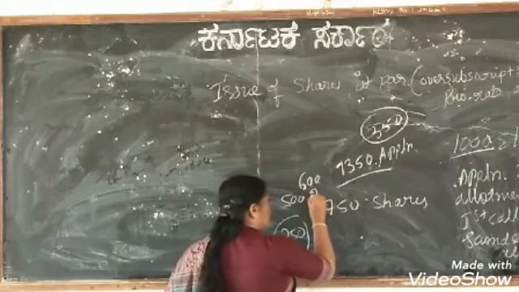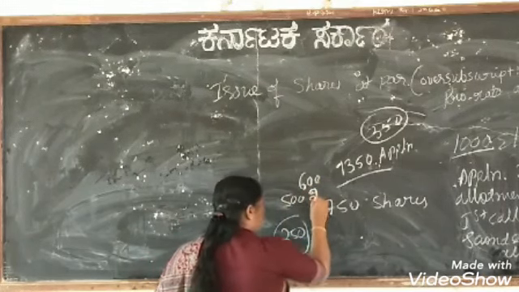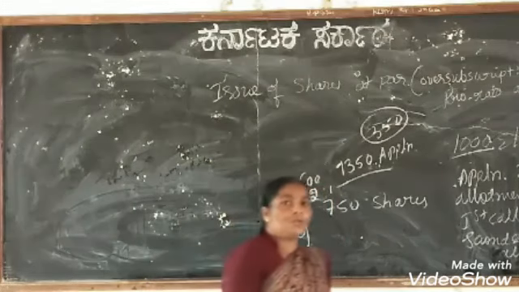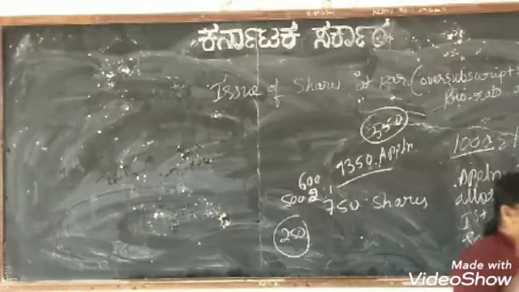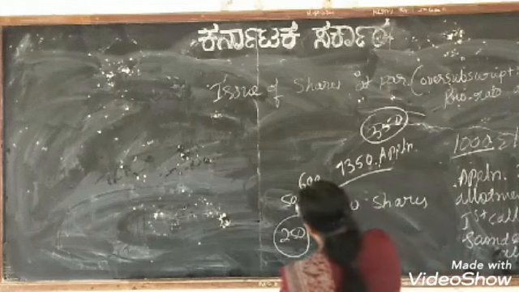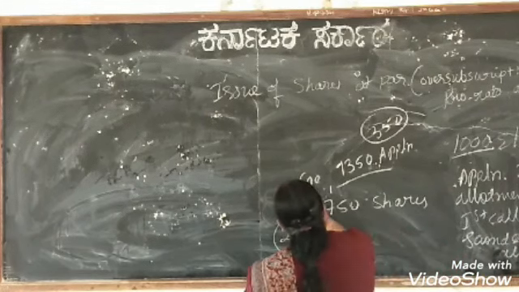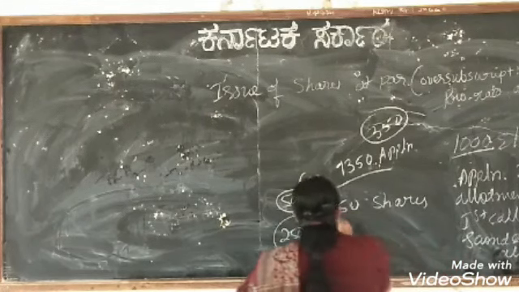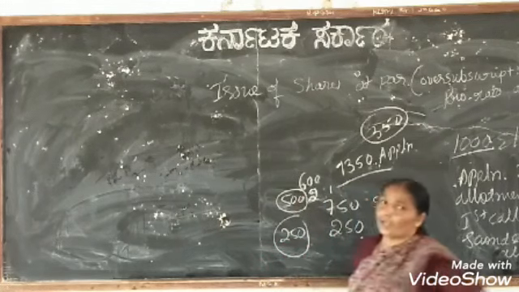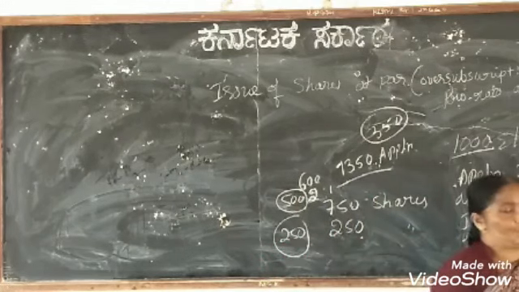Every two applications for shares, one share is issued. So what happened? Another 500 applications were issued. That is only 250 shares were given, but for 500 applications.